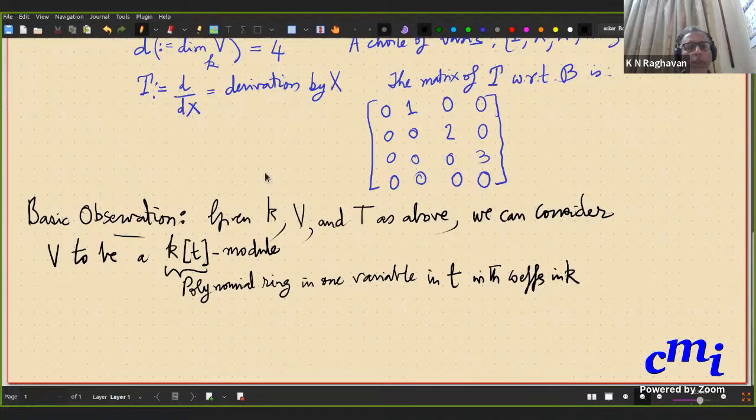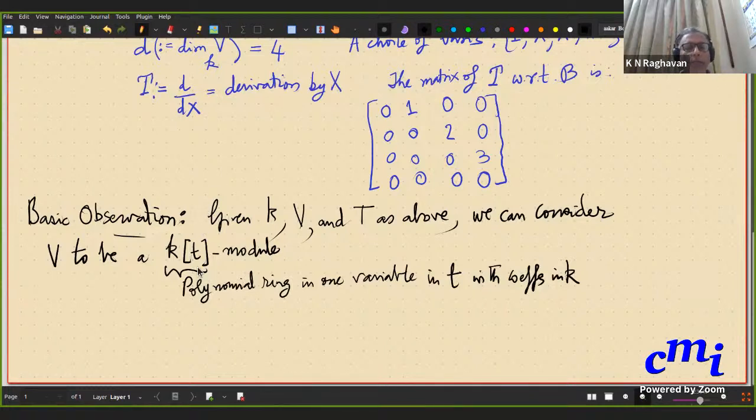And how are we going to do this? How do you make a module? There are axioms for a module, but saying it a little loosely, when you have a module, you have some kind of a group, maybe even a vector space, like we have a vector space here, namely V, and you have a ring, and elements of the ring act on the vector space.